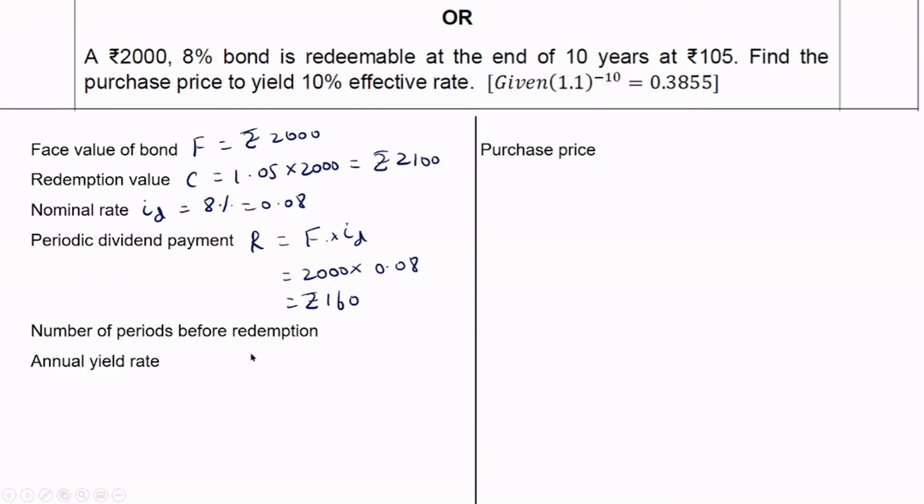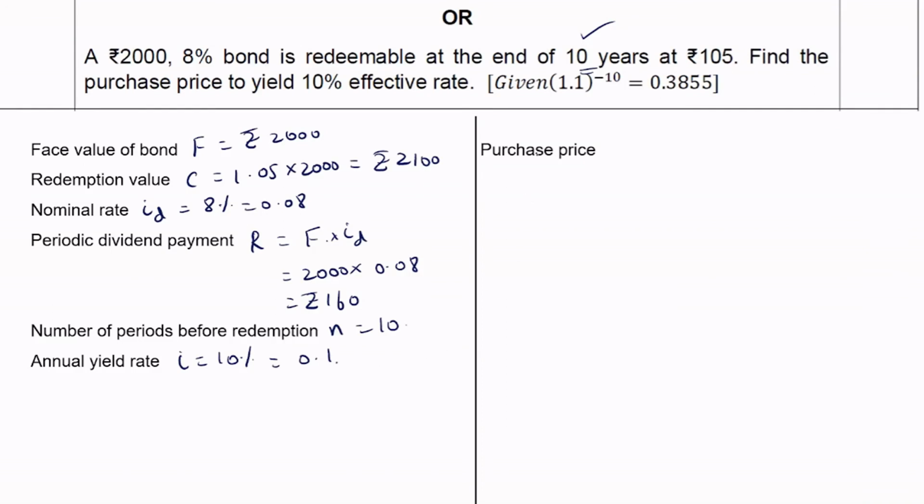And then the number of periods before redemption, N, is 10 years. So N is equal to 10. And the annual yield rate is given as 10%. So I is 10%, this is 0.1.